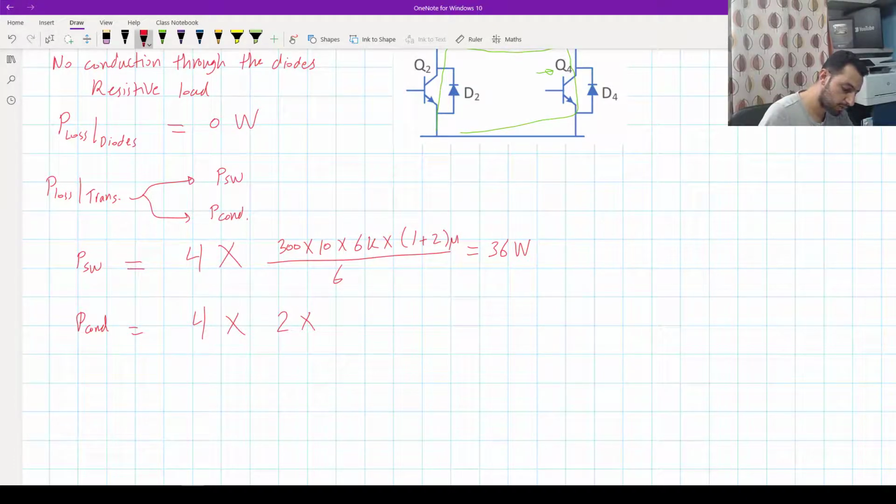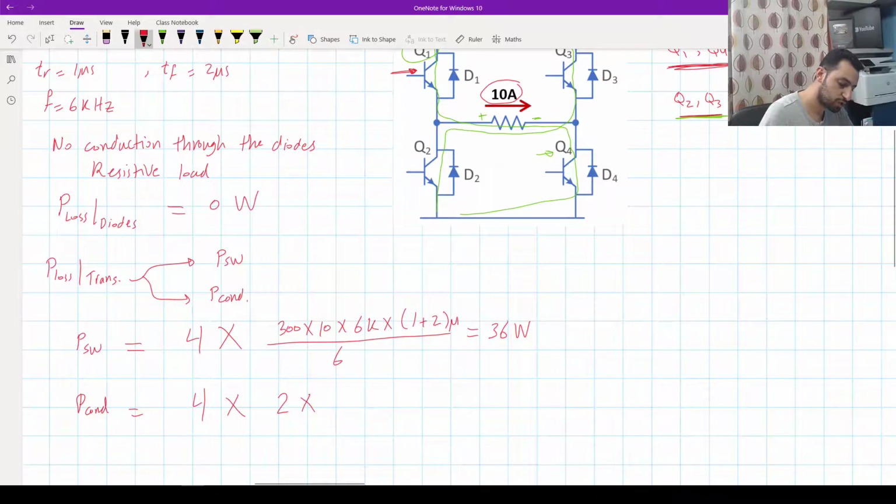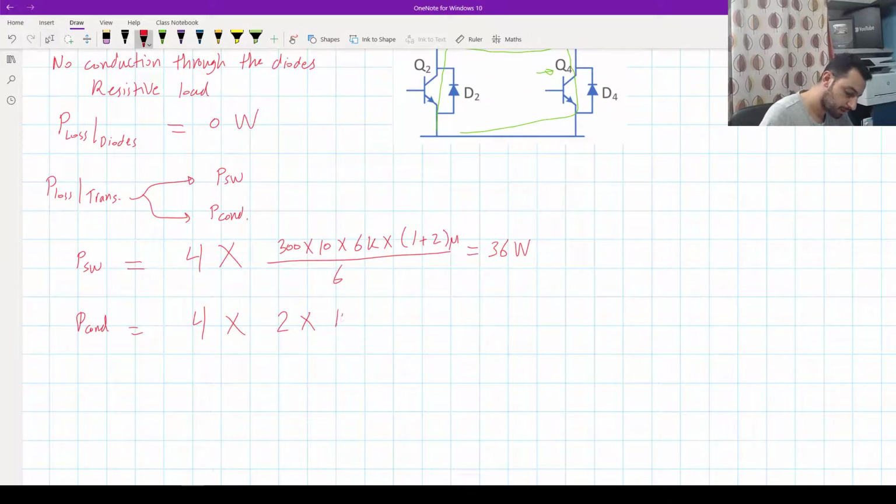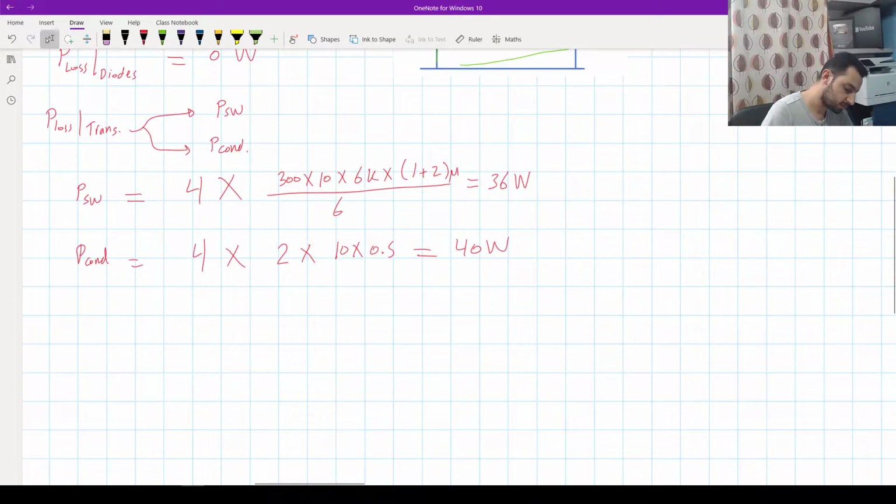I average means I max, which is 10 amp, times the duty cycle for each, which is 50%. Okay, and this will equal 40 watt. Okay, so the total losses will equal 36 plus 40, and that will equal 76 watt.